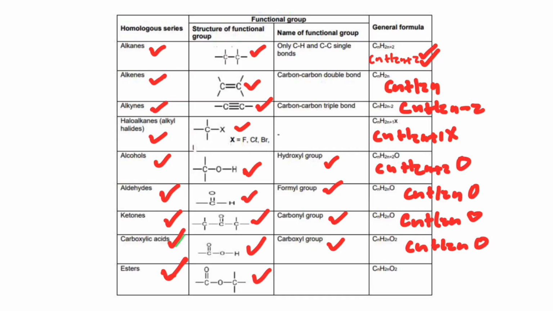We don't have a name for the functional group, and the general formula is that of carboxylic acid, CnH2nO2. So there's something special there again. Aldehydes and ketones share the same general formula. Same is true with carboxylic acids and esters. There's something special going on there. We're going to talk about it as we move forward.